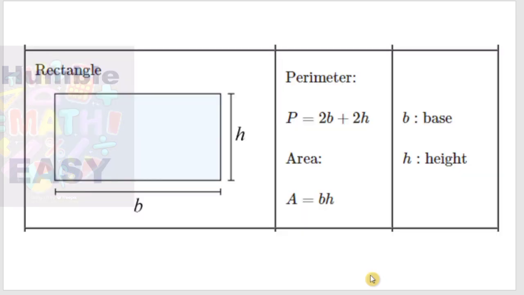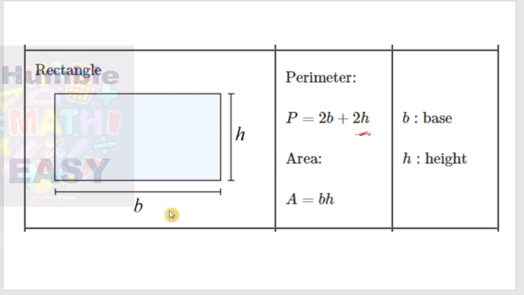Let's proceed to the next figure, and that is the rectangle. The given figure of the rectangle is this. We have here the height represented by h, and the width is represented by b. To get the perimeter of a rectangle, since opposite sides are equal, we have twice the height, and then we add it to the base, which is represented by b.